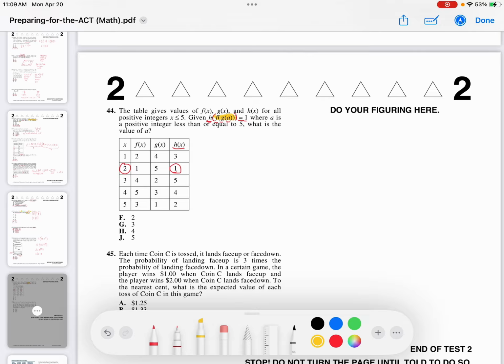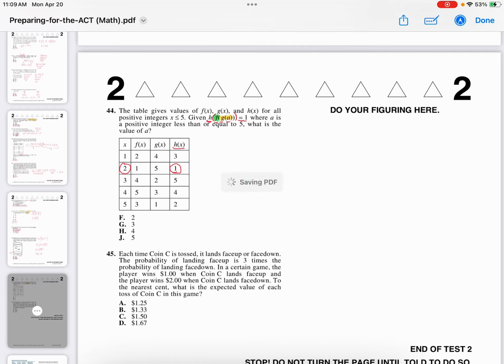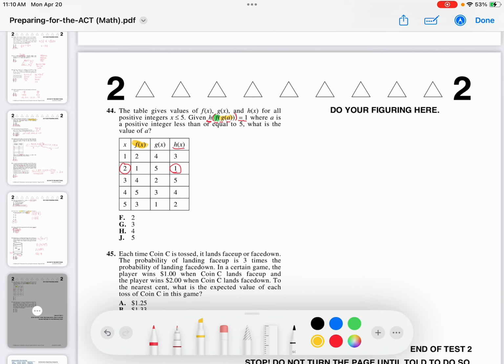So then we need to know what makes f of the rest of it equal to 2. If I go find f and find where it's 2, I find that that's at 1. So I need the g of a part to be 1.